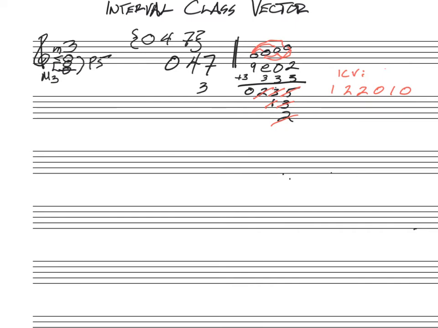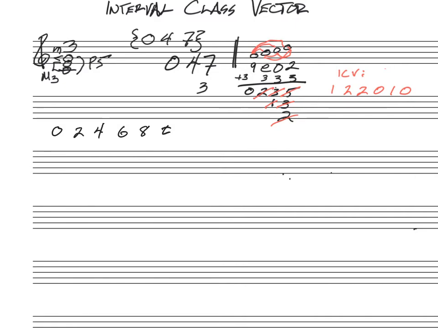So let's use the even numbered one because it starts on 0. 0, 2, 4, 6, 8, 10. If you remember, the whole tone scale is called a whole tone scale because it's all whole steps, right? So we wouldn't expect there would be any half steps or minor thirds or perfect fourths or anything like that. So let's try figuring the interval class vector of this one.